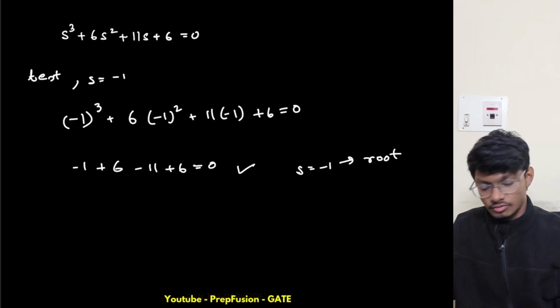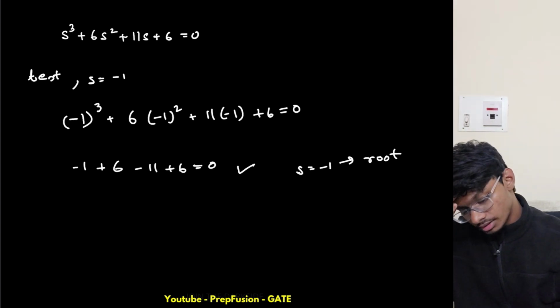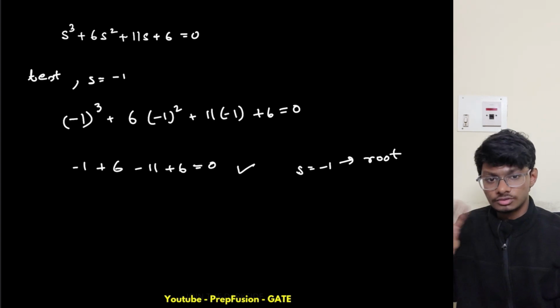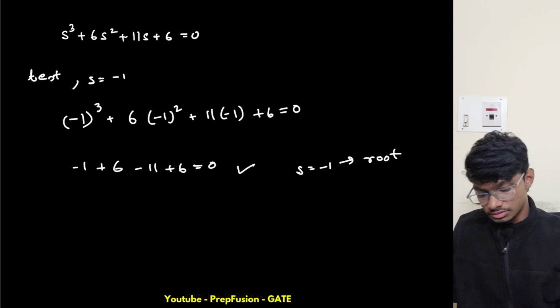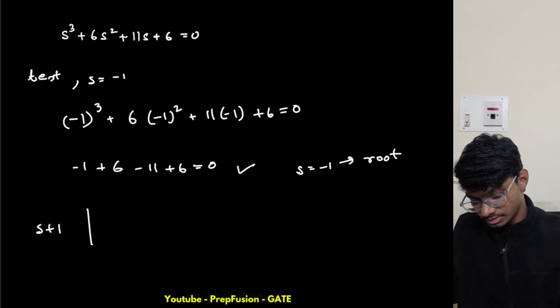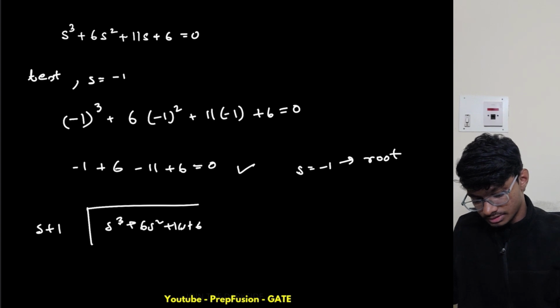So basically now what we can do, we got one root, so the other 2 roots you can simply again do the long division, right? Long division method, like this one. Okay, I will just write here like this one, you do long division method. Okay, 6s square plus 11s plus 6, you again do that.